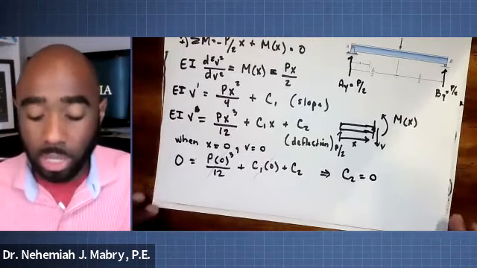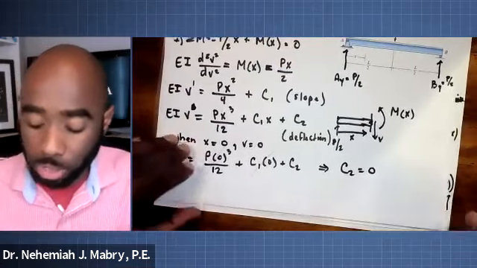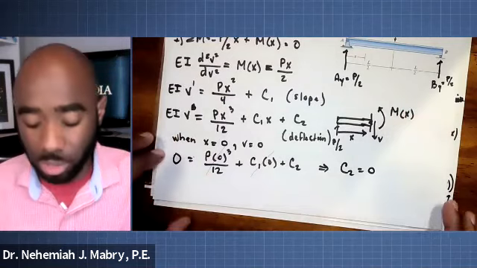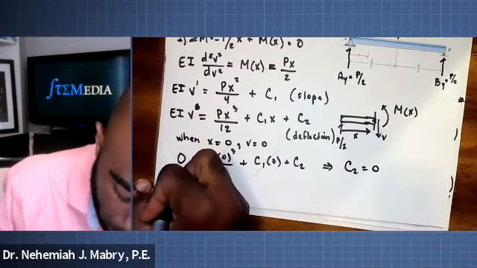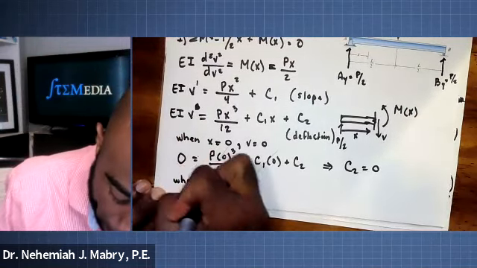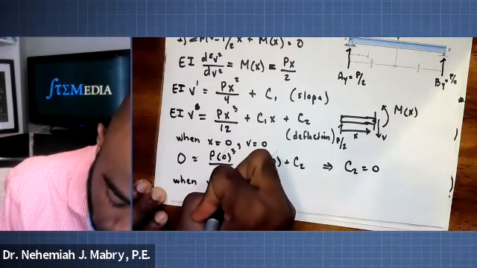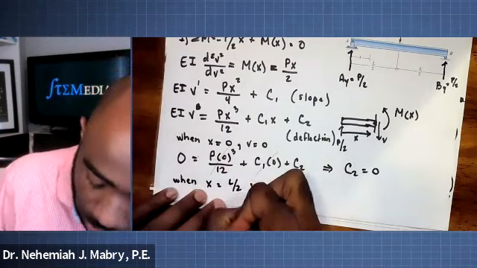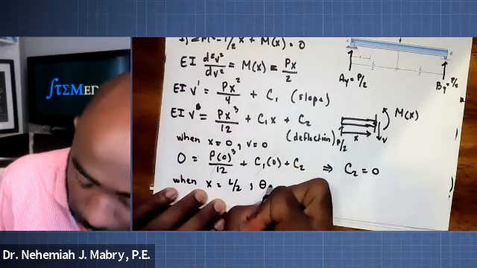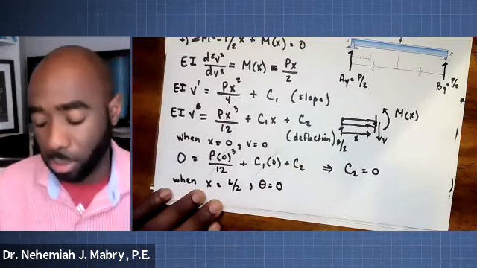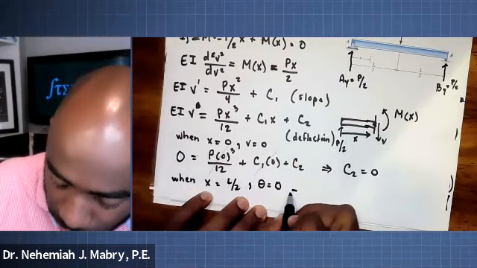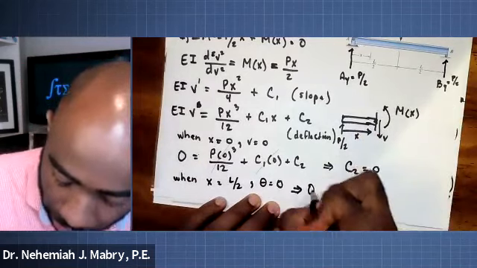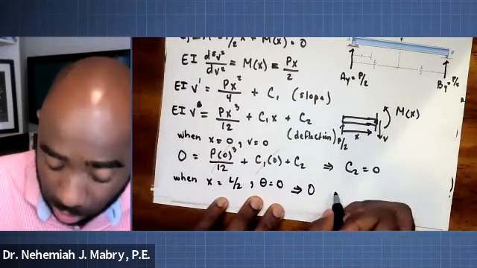What is another one we can look at from our boundary conditions? Well, we know that at L over 2, our symmetry condition, when X is equal to L over 2, the slope based on symmetry conditions is equal to 0. So what that means is, using this slope equation, we can set that equal to 0 because this is what the boundary condition says.